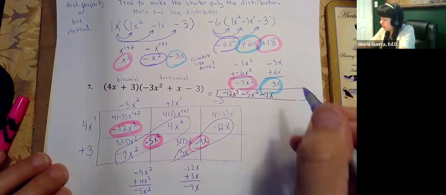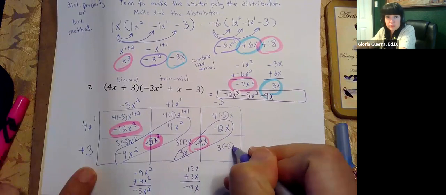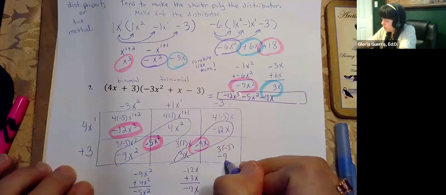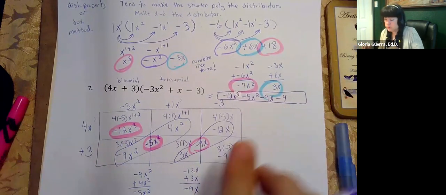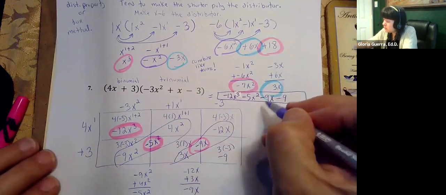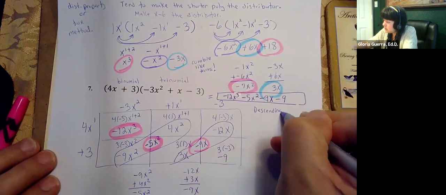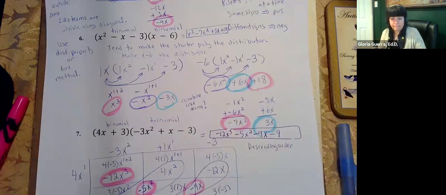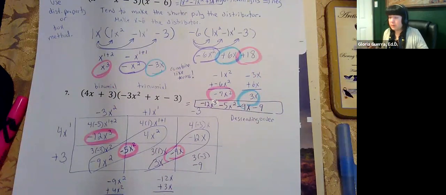And then constants last. 3 times negative 3 is a negative 9. Okay, so 1, 2, 3, 4. So you got 4 terms there. So that's called descending order. Okay, and that's the box method.